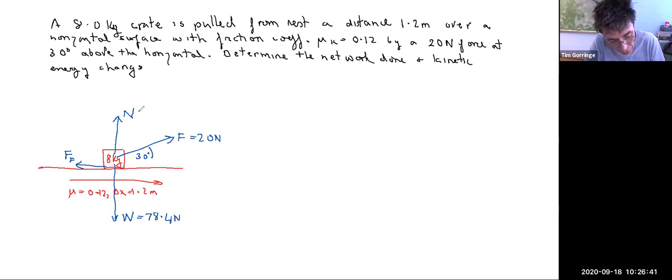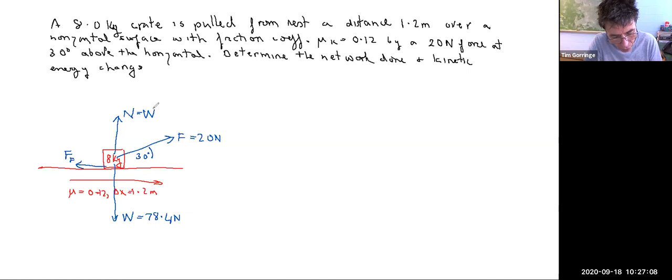The normal force is a little bit more subtle. So often, with a crate resting on a floor, for example, the normal force exactly balances the weight. It's equal and opposite to the weight. So it would be 78.4 newtons if this crate was just sitting on the floor. But it's not. It's being pulled.